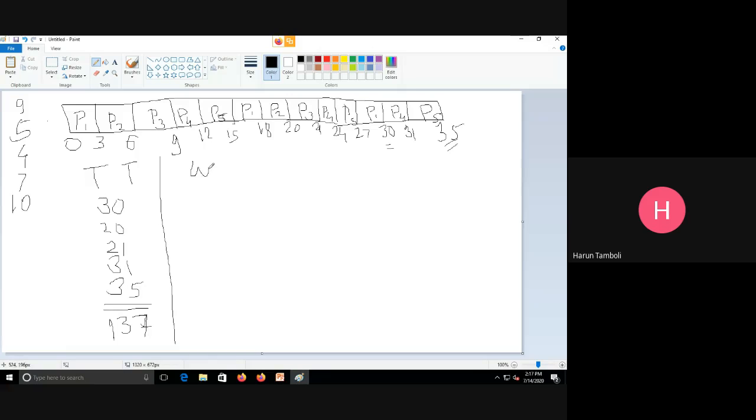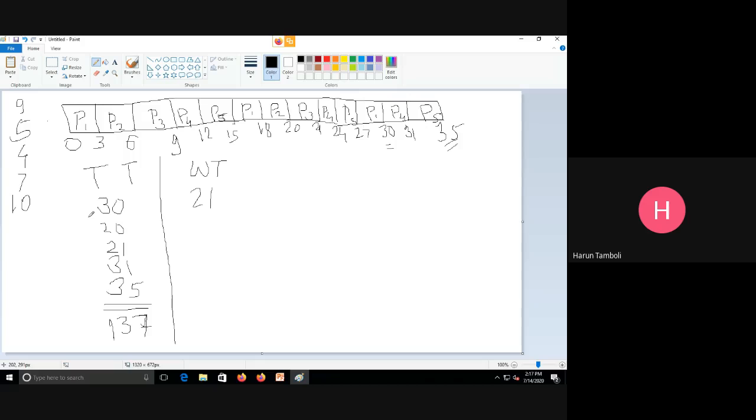Okay. So now calculate waiting time. Waiting time is turnaround time minus burst time. I'm doing the calculation directly. 30 minus 9, it is 21.